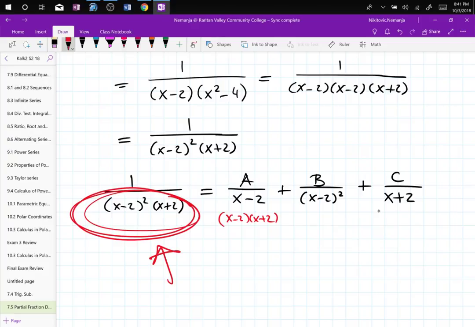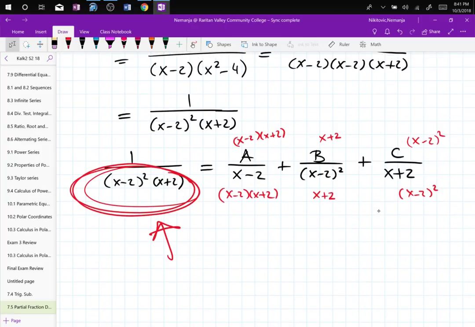So x minus 2, x plus 2 goes up there. Then you have x plus 2 missing on this one. That's the only thing it's missing, because you have both of those. And on the last one you have x minus 2 squared.